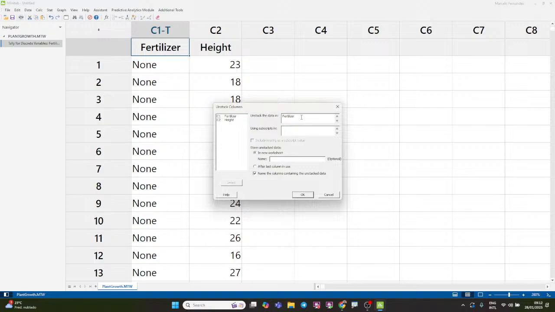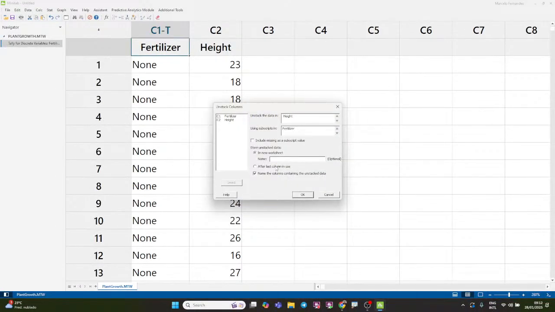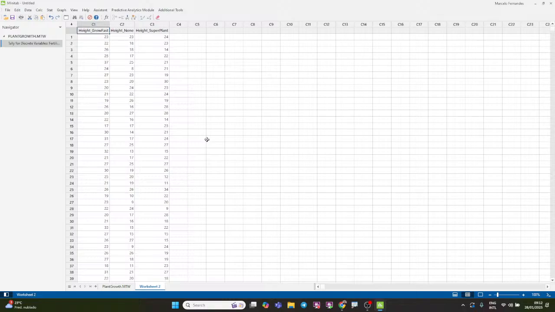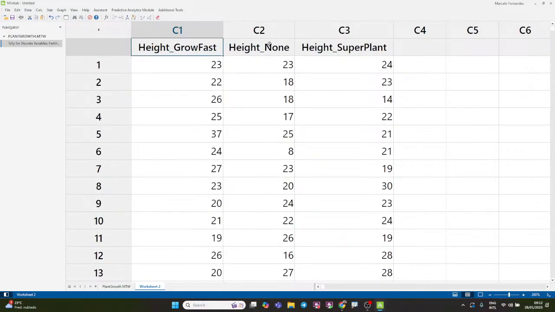I want to split height considering fertilizer as the variable to be used as the main criteria to separate. Okay, so I will put in a new worksheet, so I keep both. So I have grow fast, none, and super plant.